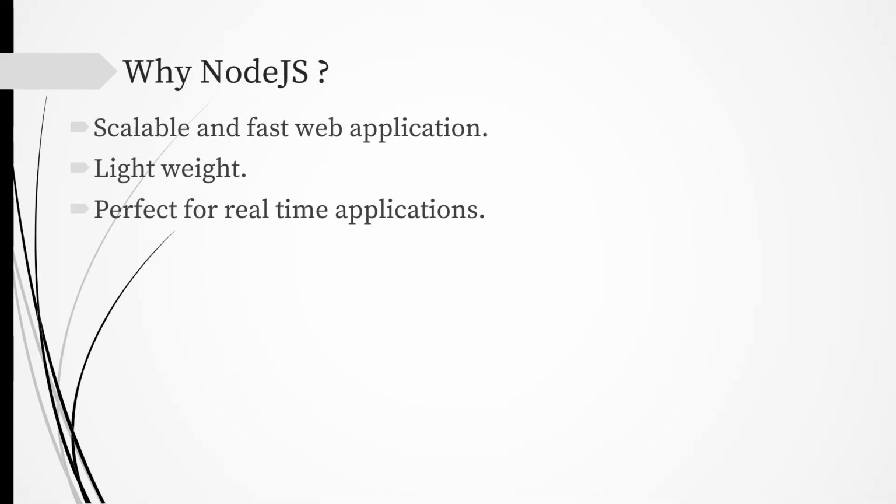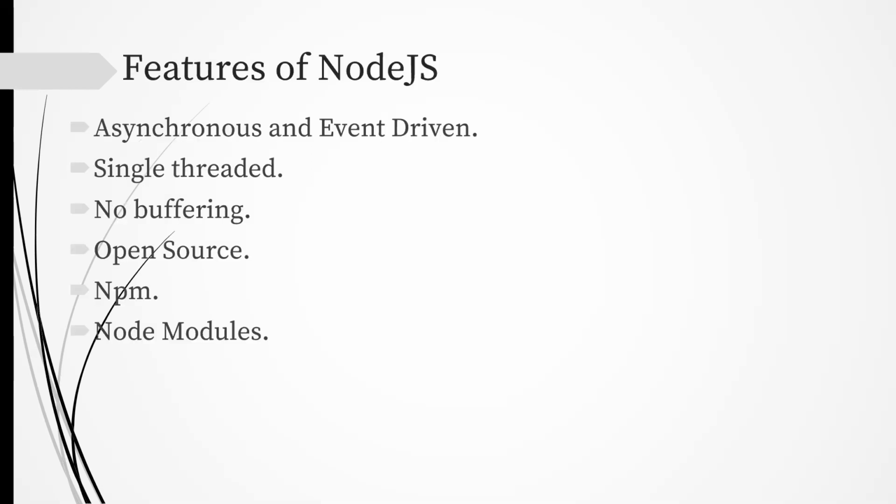It has a lightweight process. It is perfect for real-time applications as it generates real-time reports. Here are some features of Node.js. Asynchronous and event-driven are important features of Node.js. Then it is single-threaded, has no buffering, is open source, and has npm and Node modules. These are all the best features of Node.js.